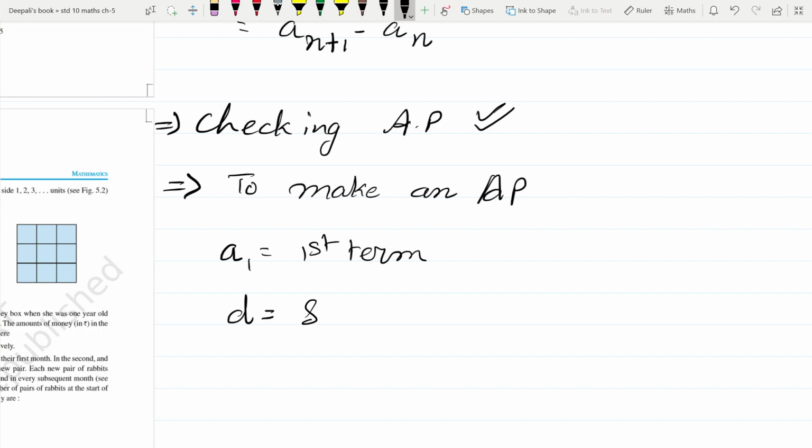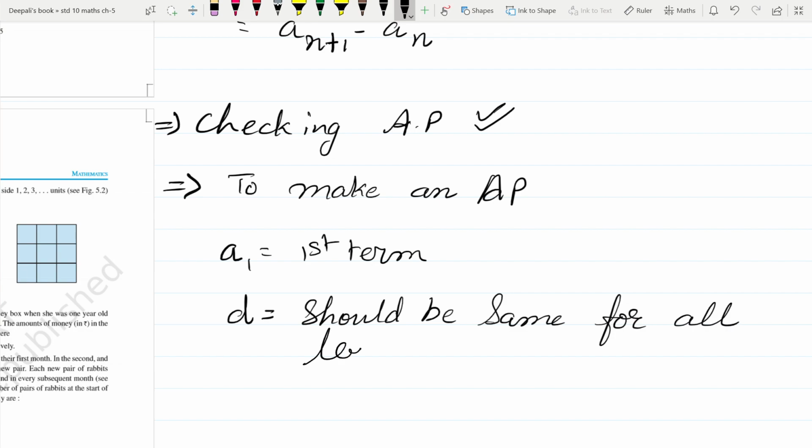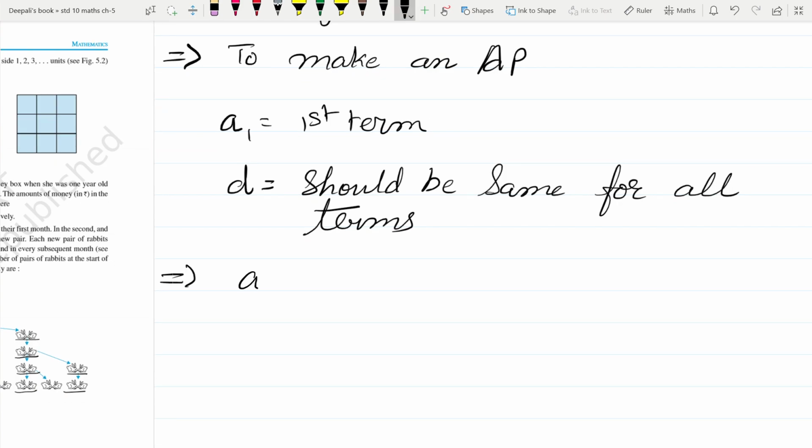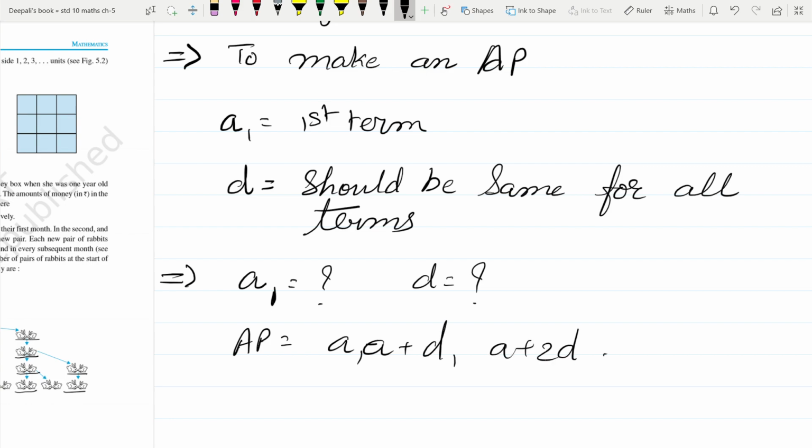Means D should be the same for all terms. And to form an AP, we need A and D, and we can form an AP by the formula A, A plus D, A plus 2D, A plus 3D, and so on.